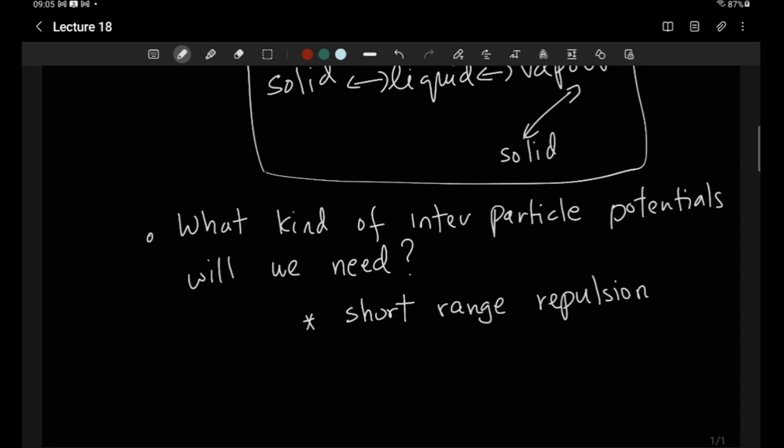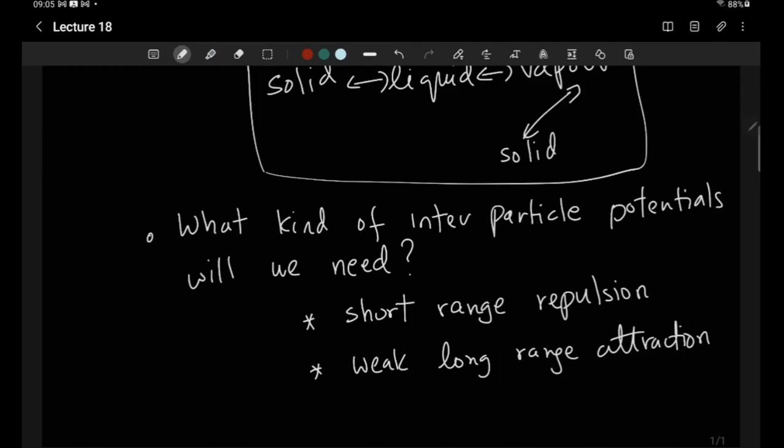It's like saying there's an infinite potential. If the radius is a, the separation can be 2a only. So the potential is infinity, and they cannot. Short range repulsion and long range, weak is enough. I won't quantify what is weak, but weak long range attraction.